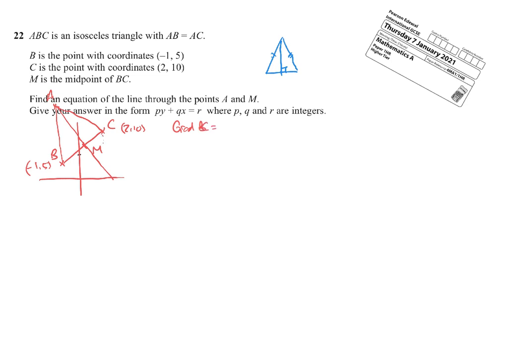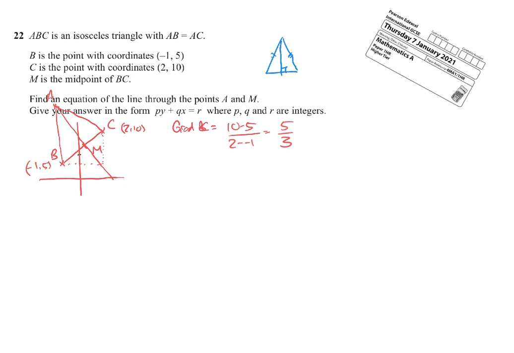If we imagine a little right angle triangle here, the height of the triangle is going to be 10 minus 5, and the change in x is going to be 2 minus minus 1. That gives me 5 over 3. So that's a positive gradient.